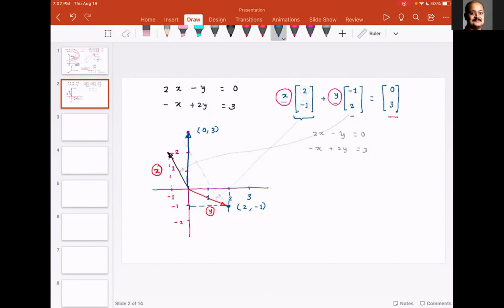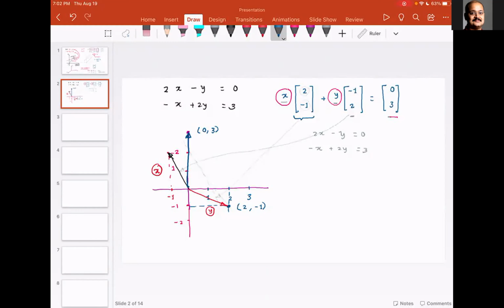What it means is, you can either stretch this line or shrink this line, or flip this line, which means the vector will have a negative value. So you can stretch or shrink this line so that at the end, the resultant is 0, 3.